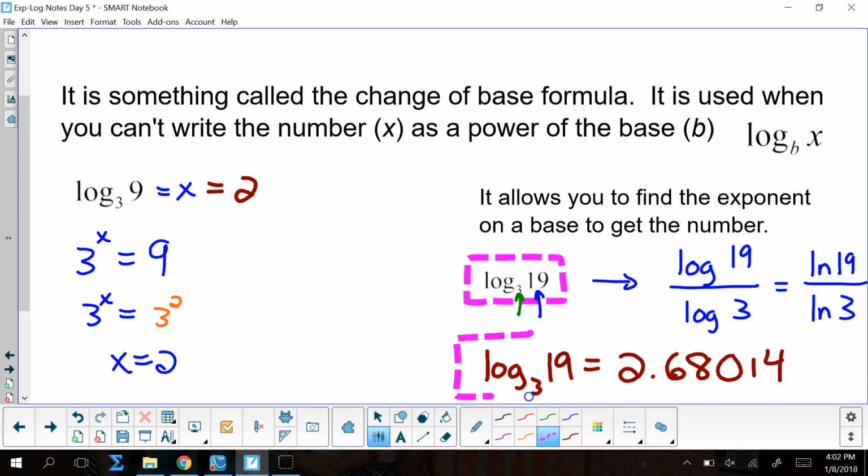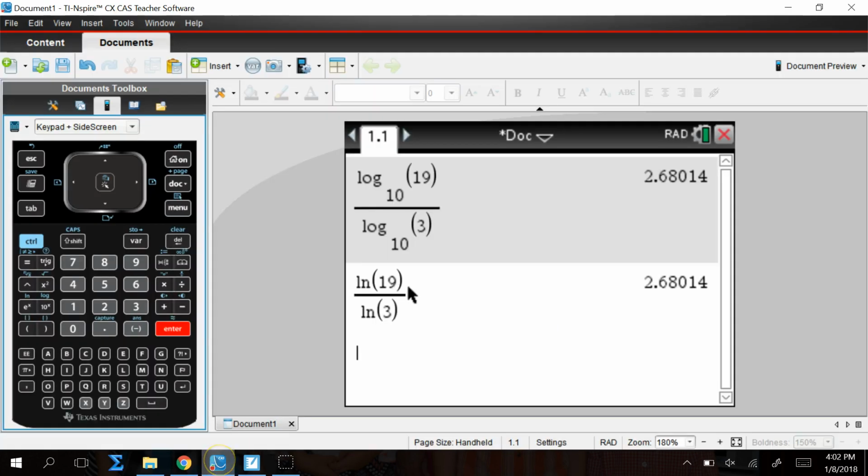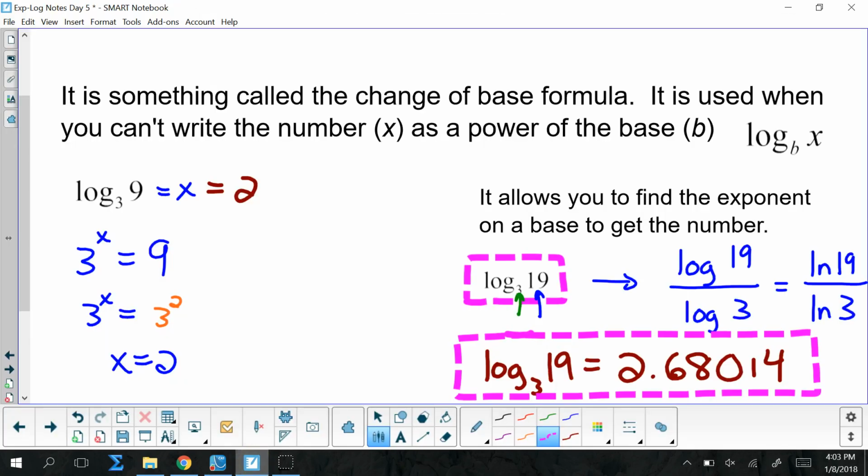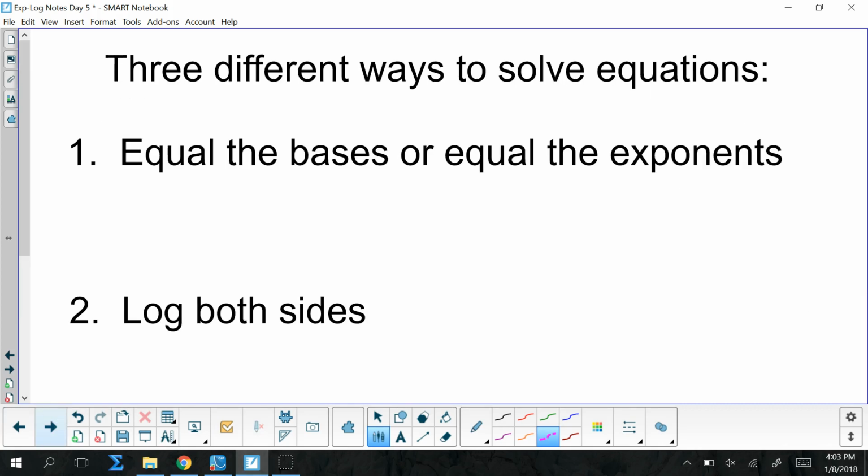And that's the exponent then that I could put onto 3, raised to that power gets me 19. Okay? So that's called the change of base formula. You take the log of the answer divided by the log of the base, and that gives you what the exponent is.